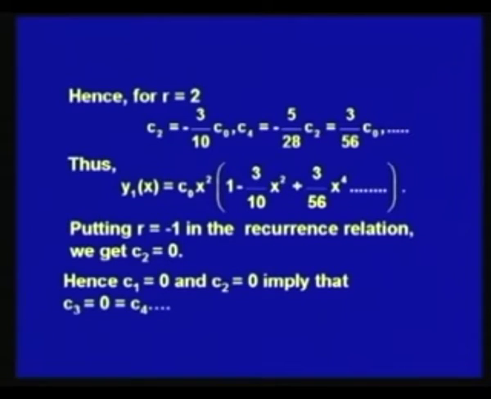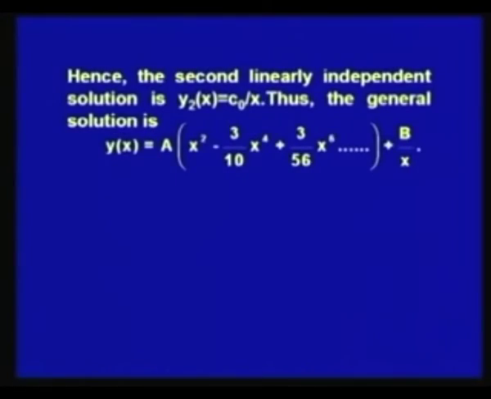So, in the case of r equal to minus 1, both C1 and C2 are zeros, and thus C3, C4, C5, C6 all are zeros, and so we get the second solution of the differential equation, y2 of x, as C naught over x for r equal to minus 1. Thus we can write the general solution of the differential equation as y of x equal to A times (x squared minus 3 over 10 x to the power 4 plus 3 over 56 x to the power 6 and so on) plus B over x. You can see that both the solutions y1 of x and y2 of x are clearly linearly independent.